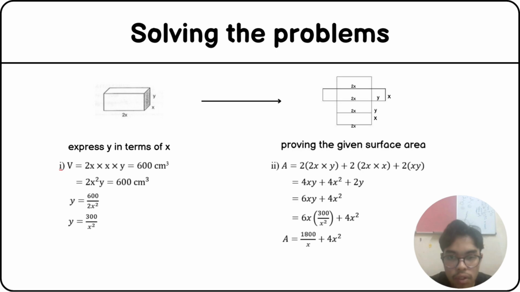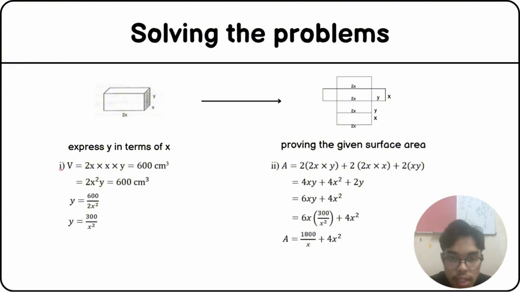Firstly, if you see the 3D rectangular box, and you split it or open it into a 2D image, we can see how many sides of the box there are with 2x and y. So it makes it easier to count the surface area of the box.